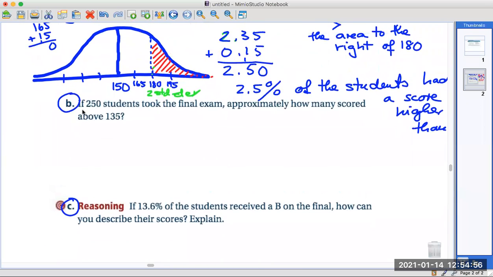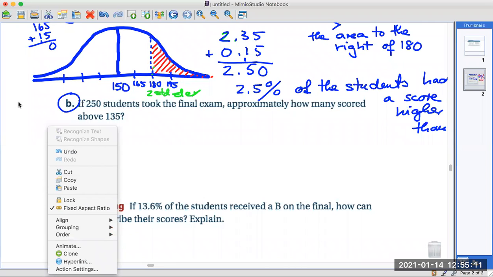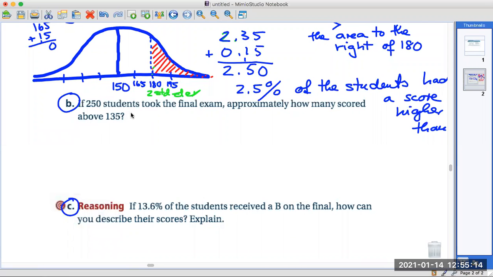But now we know 250 students took the test. How many of them scored below 135? So I have to start all over with my curve. I need to find the percent of students who scored below or above. Is it above? Above, yeah. First, find the percent of students above 135.